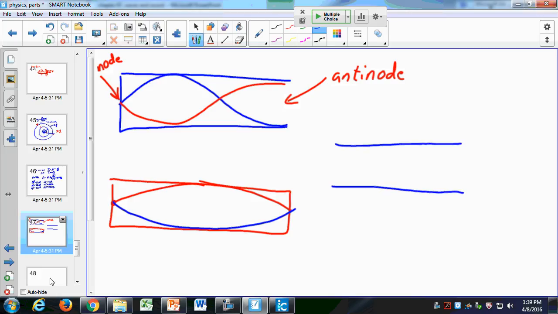In this case, what's going to be on the ends, nodes or antinodes? Antinodes. You'll have one wave that looks like this and another wave that looks like this. So you get antinodes on both ends. We're going to look at all 3 cases, and you'll need to know how you determine the particular resonances that occur in these.